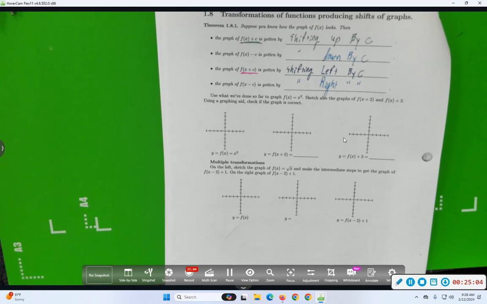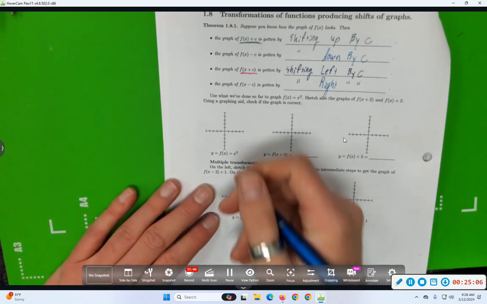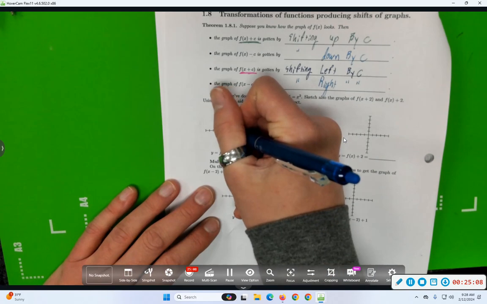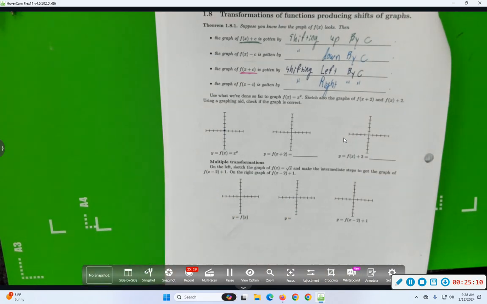So let's start with a function that we know, and let's use this idea to sketch the graph. What does the graph of f of x equals x squared look like? Or rather, just draw it on your paper. You know what the graph looks like. It's a parabola. Its intercept is at 0, 0.